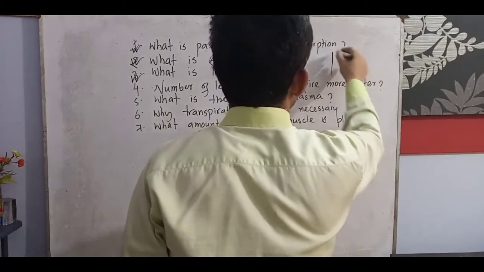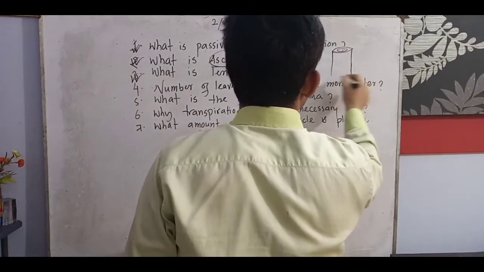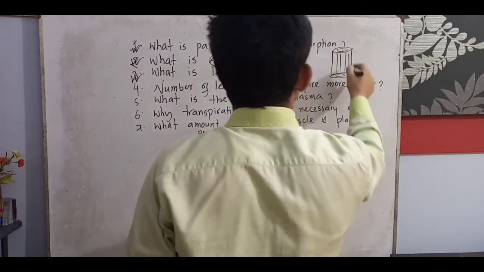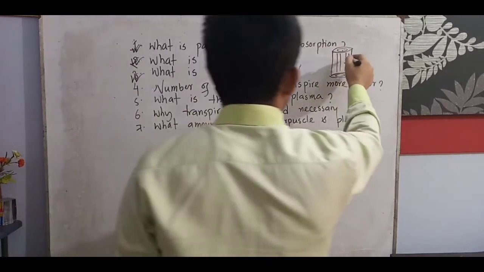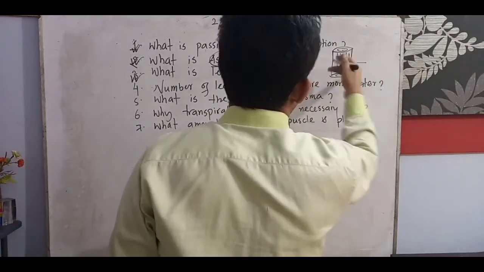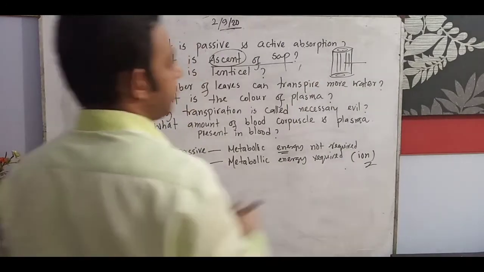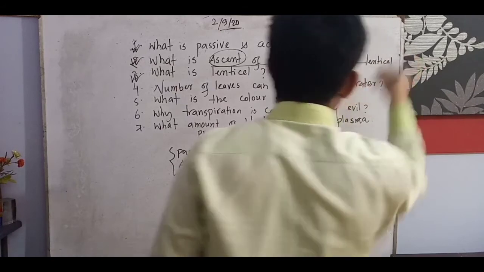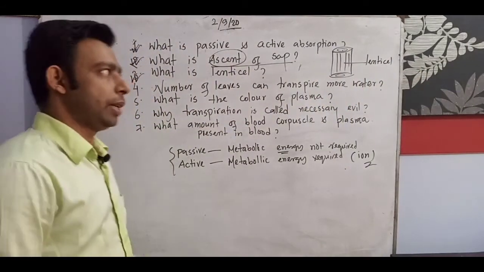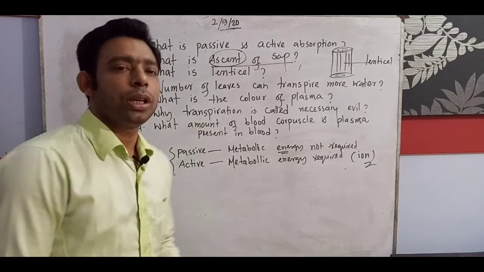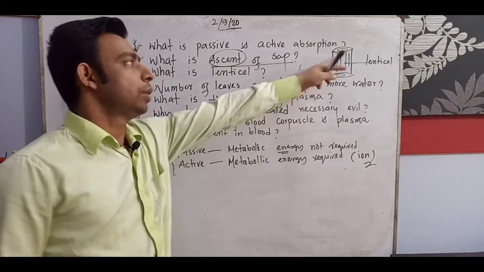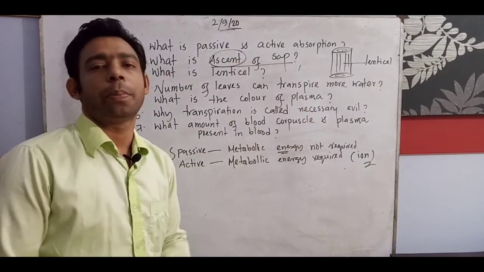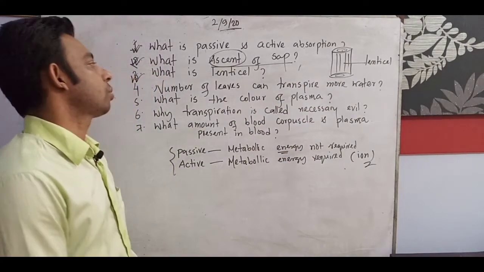Suppose this is a stem, and there are some hollows or vessels in it, and in the outer part, after the bark, there are cells called lenticels. We understood this in class 9 also. Lenticels are pore- and hole-like structures through the bark of the stem.